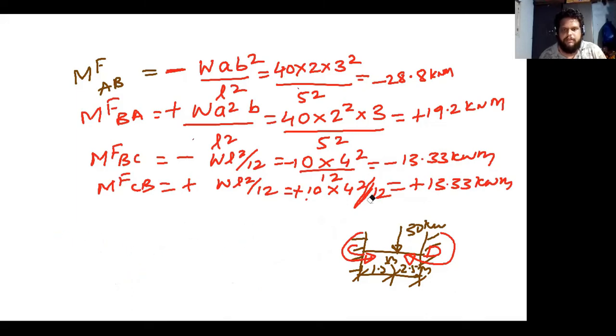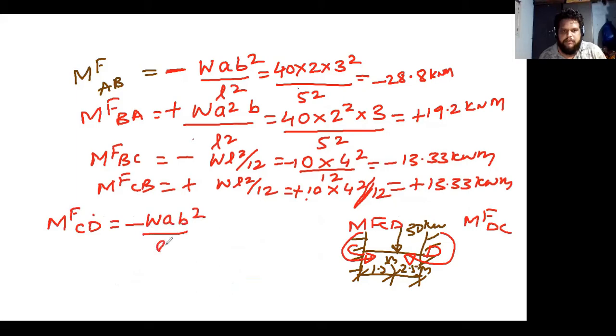Okay. Now I will write MFCD. So this will become MFCD, and this will become MFDC. Now MFCD will become minus, this direction is anti-clockwise, minus W A B square by L square. And W is how much?